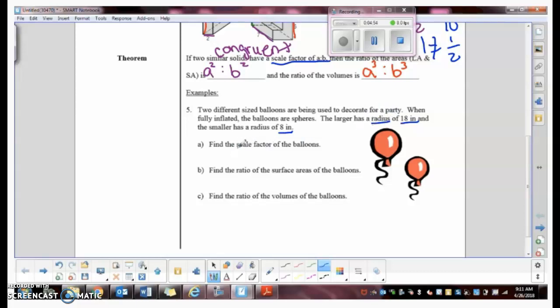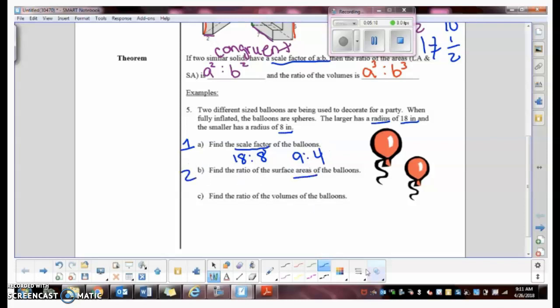For the scale factor, all we have to do is divide our measurements. So 18 to 8 when we write it as a ratio like that. And that's 9 to 4 when we simplify it.